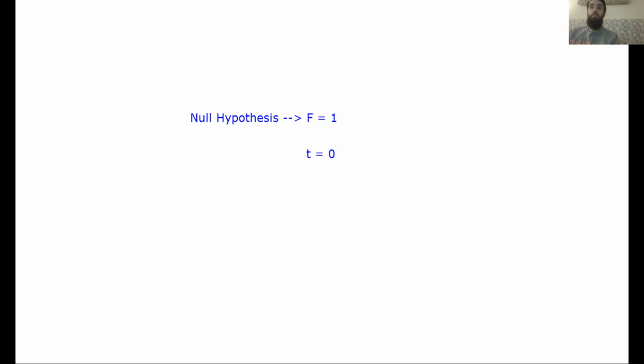For the error degrees of freedom, in the denominator of the F ratio, the degrees of freedom is N minus K. N is the number of people in the sample, and K is the number of conditions.